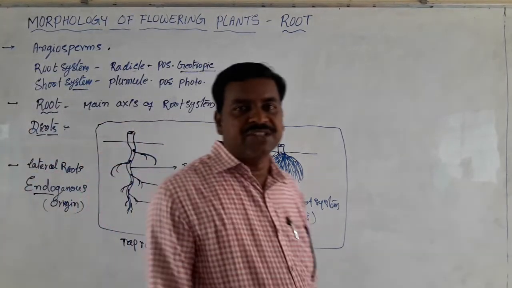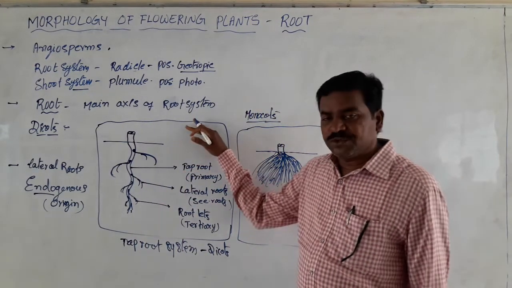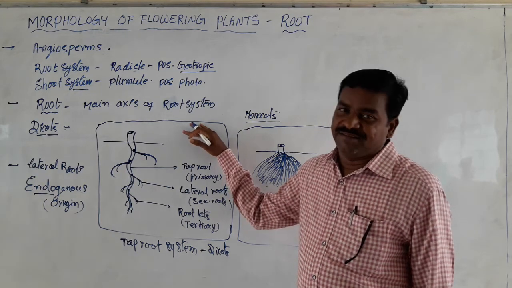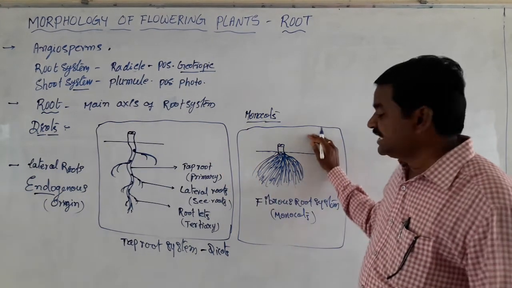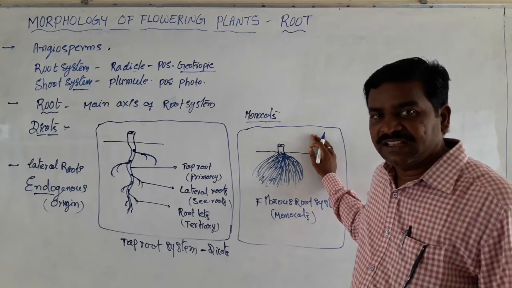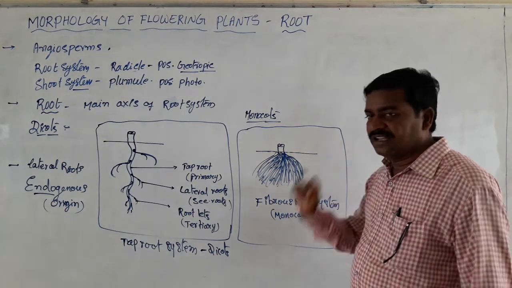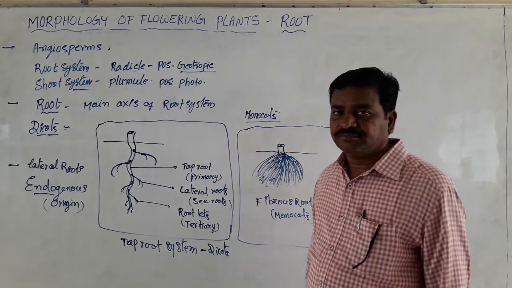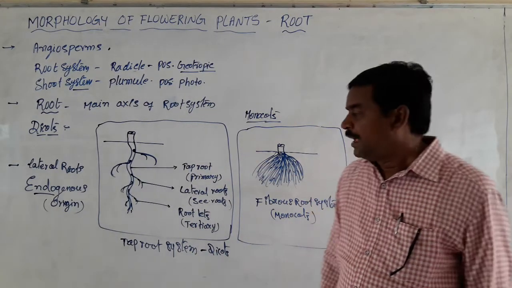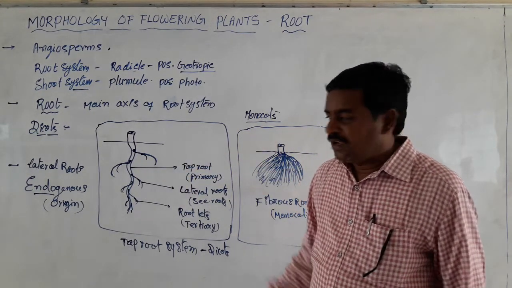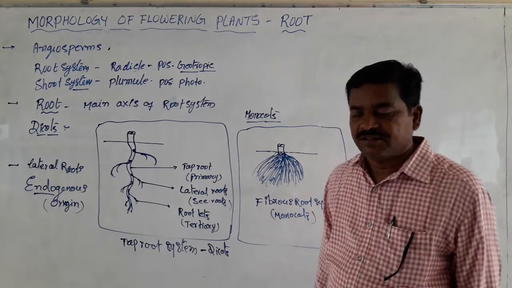Now coming to the second difference. The taproot system develops from the radicle. But the fibrous root system develops after the elimination of the radicle, not from the radicle. In the taproot system, the taproot is present, and lateral roots are also present.